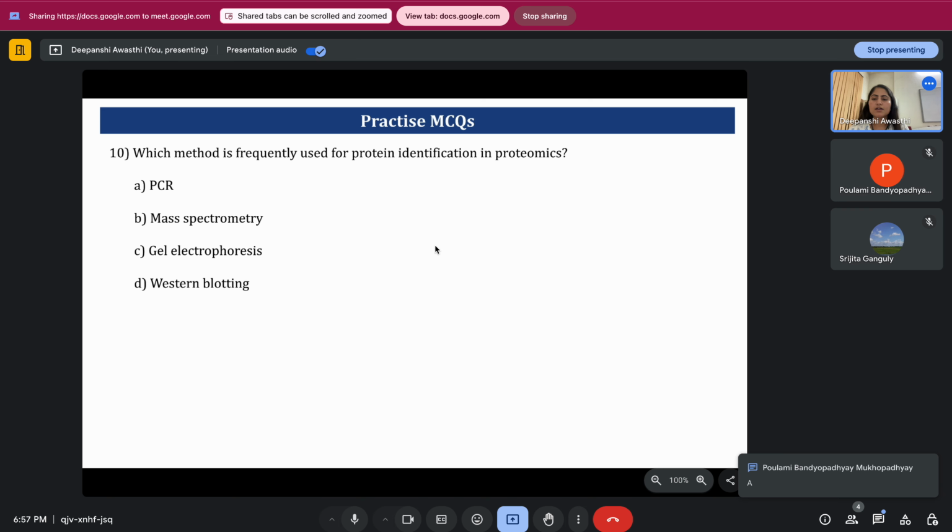Now the next question is, which method is frequently used for protein identification in proteomics? PCR, mass spectrometry, gel electrophoresis, or Western blotting? By now we have seen this term coming again and again for protein identification.